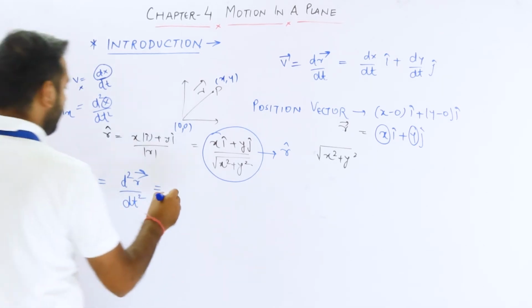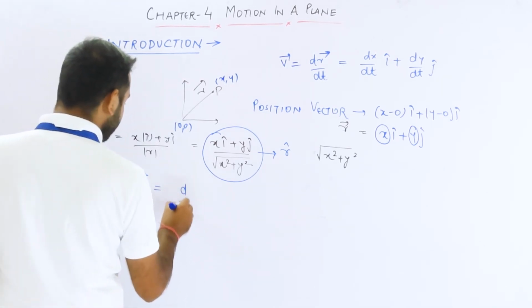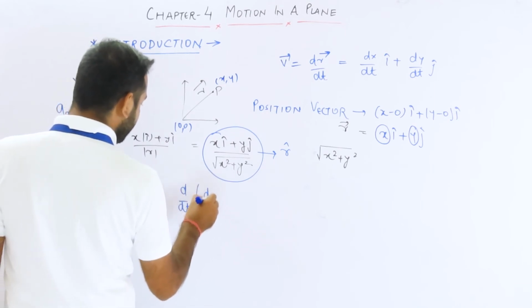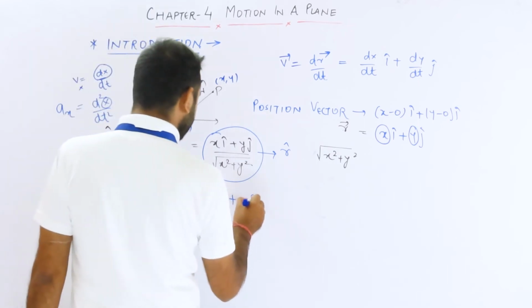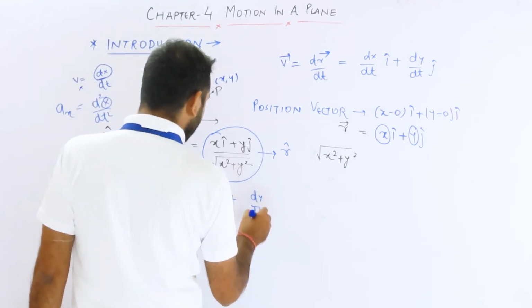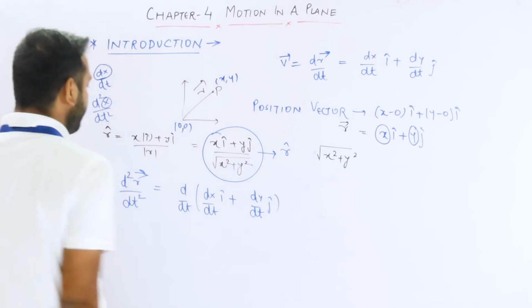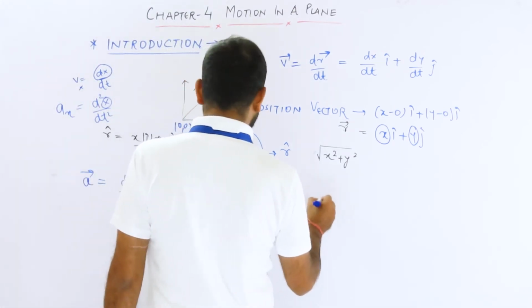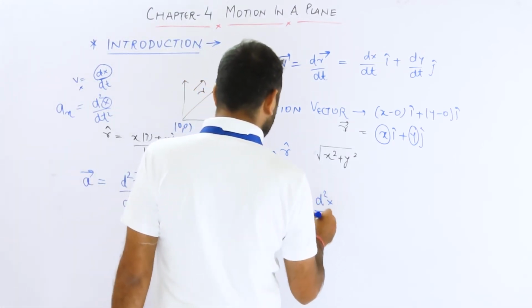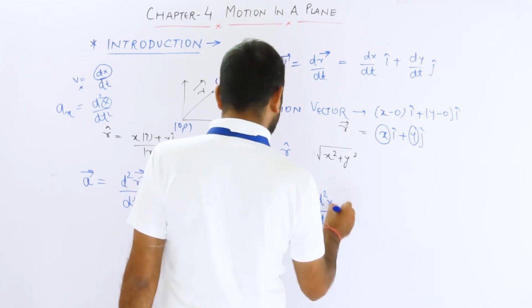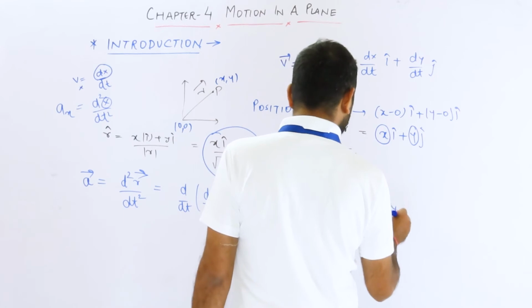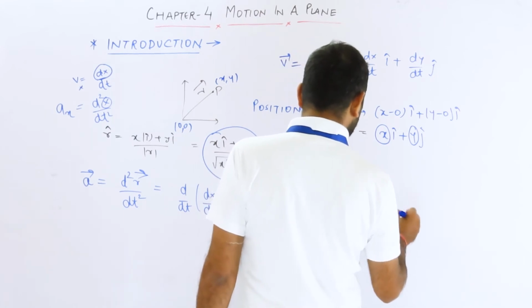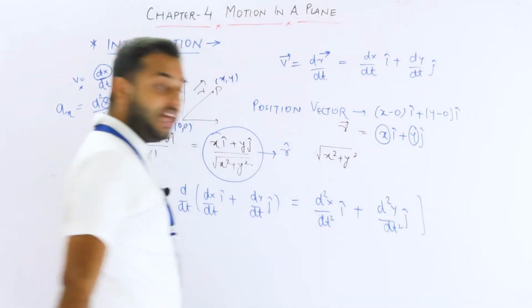Okay, d2r means d by dt of dx by dt i cap plus dy by dt j cap. So let's solve this. It is d2x divided by dt square i cap plus d2y divided by dt square j cap. Okay, so that is my acceleration.